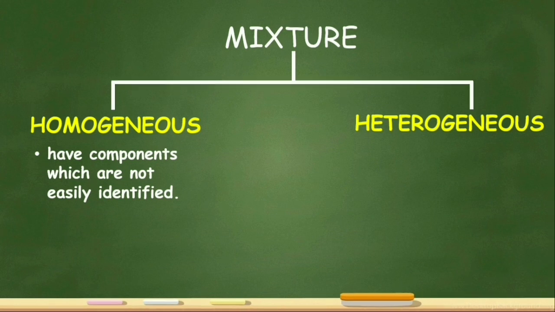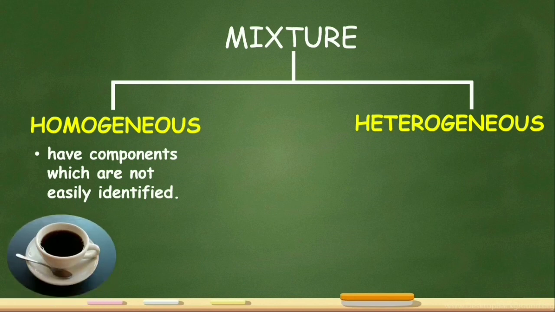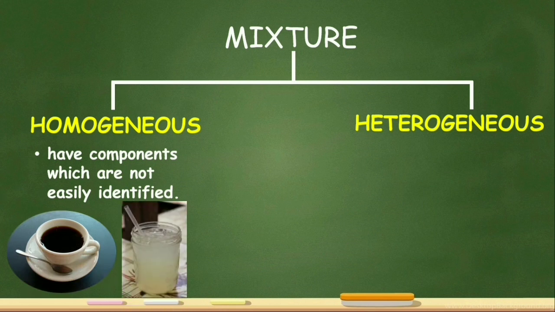That means to say, once the components were physically combined, you won't easily know the parts that make the homogeneous mixture. So from our activity a while ago, which do you think among the foods and drinks are homogeneous mixtures? Excellent! These are the coffee and the lemonade.